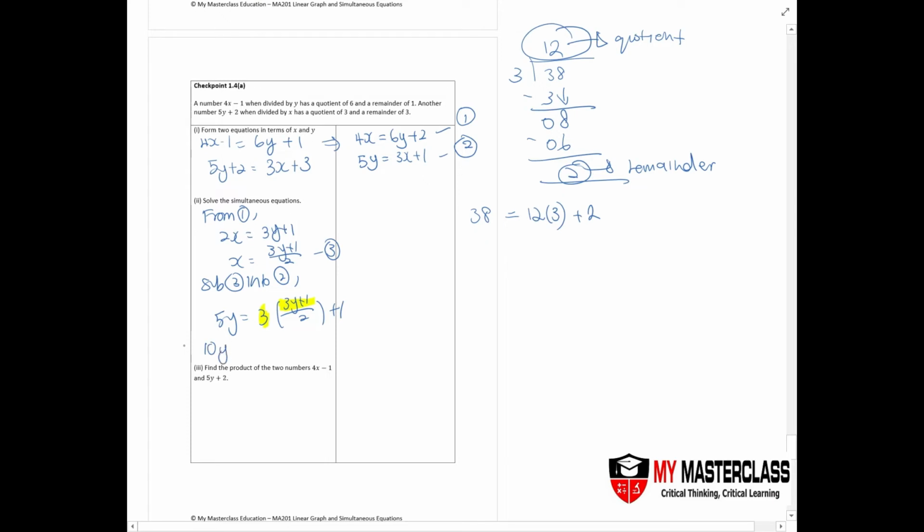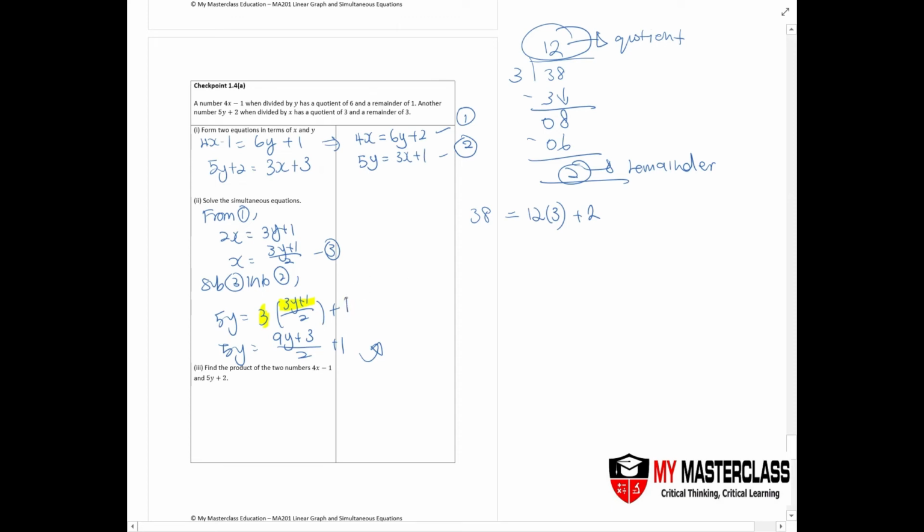I would have 5y equals to 9y plus 3 over 2 plus 1. Let me draw my arrow. Let me make every single thing the same denominator. Do not cross multiply first because you have a plus minus sign. So this one should be 3. Sorry, this one should be 3, not 1. 2 minus 3. Oh yeah, sorry, this one is 1.